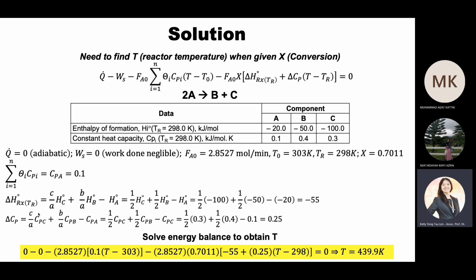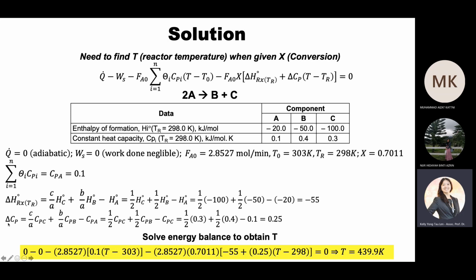So C per A, heat formation of C, plus B per A, heat formation of B, minus heat formation of A. So you calculate, you get negative 55. So again, heat of reaction ni boleh jadi negatif, boleh jadi positif, which is very normal because negative signify exothermic, positive signify endothermic. So either way is also possible untuk nilai.